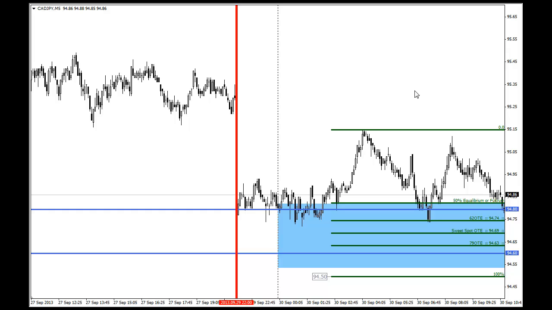Okay, and the way I use it is like this. If price trades down to the 94.74 level, 94.69, or 94.63, that would constitute an optimal trade entry within the order block, with the understanding and premise that it may not get down to 94.60 or to 94.50, or very well may just trade through it and spike even lower and not even give me a pattern at all.